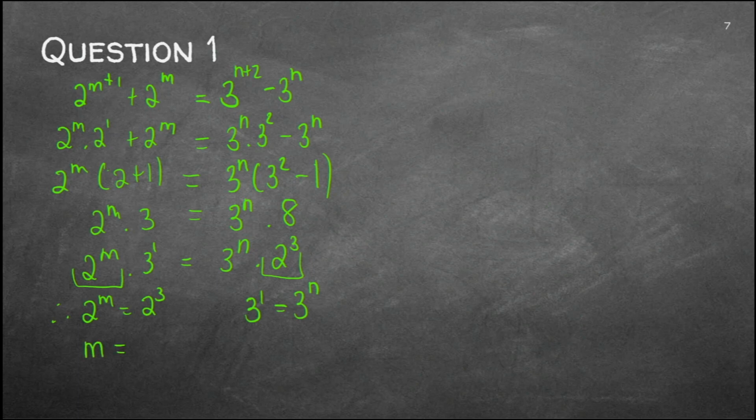So m is equal to 3 because it's the same base, and n is just equal to 1. Therefore, m plus n would simply give us a 4. And that's the final answer. So remember, only the same base can be compared. Right, let's quickly continue to question 2.